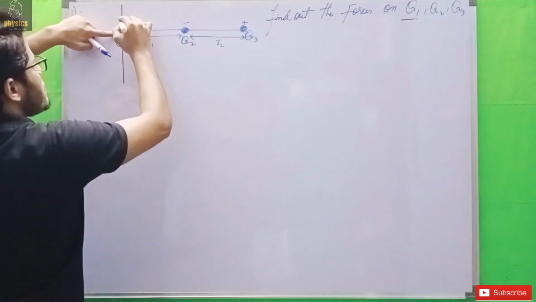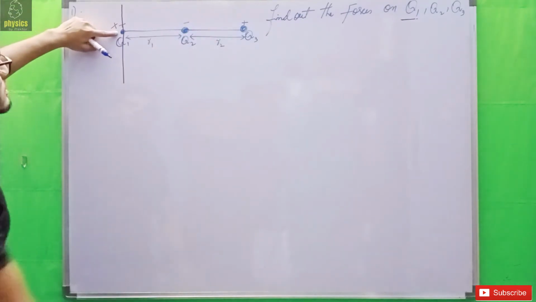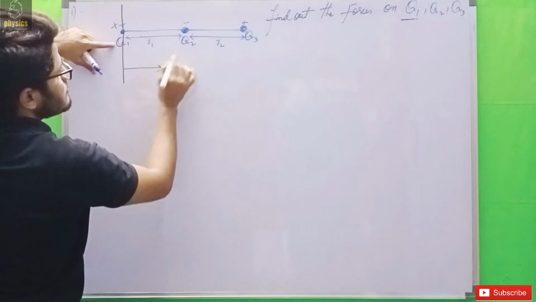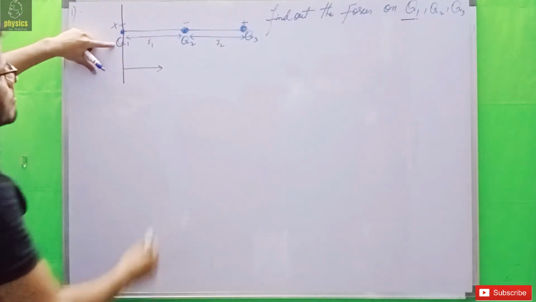You see, this one is positive and this one is negative. Because they have different polarities, the force on q1 will be towards q2. How much will be the force?